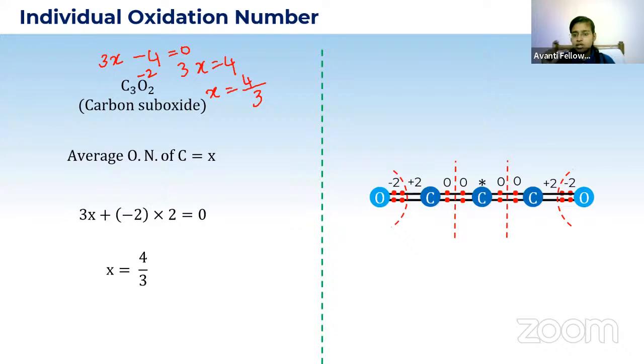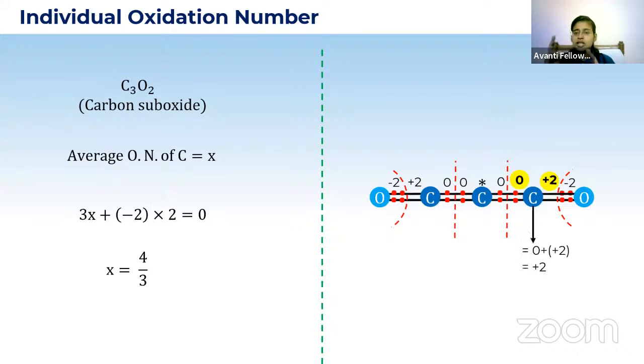So for the first carbon, it is +2 and 0, so +2. For the second carbon, it is 0 plus 0, so 0. And for the third carbon, it is 0 and +2, so +2. So the total charge gained by the carbon is +2 for the first carbon and +2 for the third carbon.